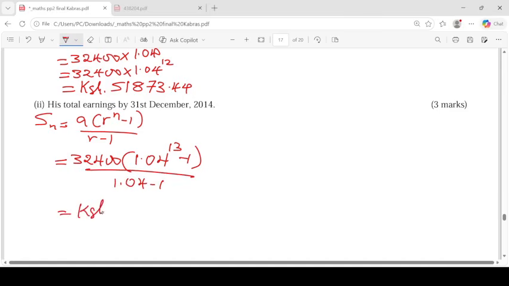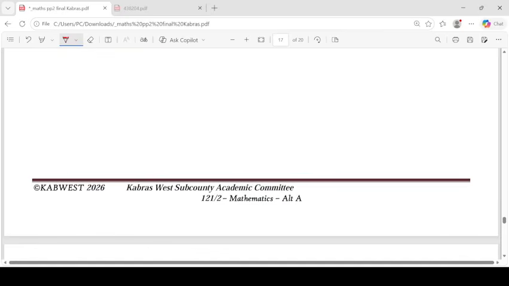When you press this in a calculator, we are getting 538,709.54 Kenyan shillings.